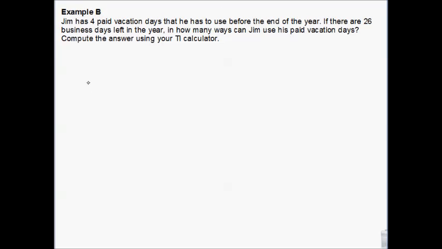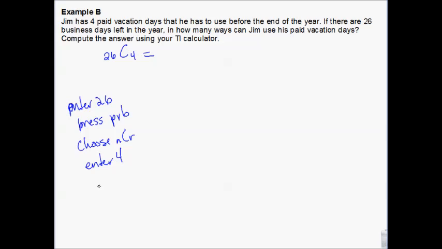Okay. Jim has 4 vacation days he has to use before the end of the year. There are 26 business days left. How many ways can he use his paid vacation days? We have 26 days. He's going to use 4 of them. So I'm going to enter 26, press probability, choose nCr, enter 4.